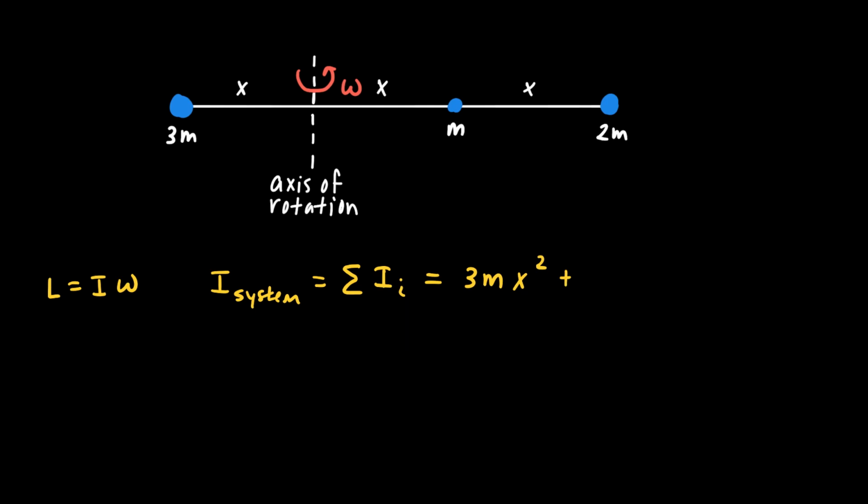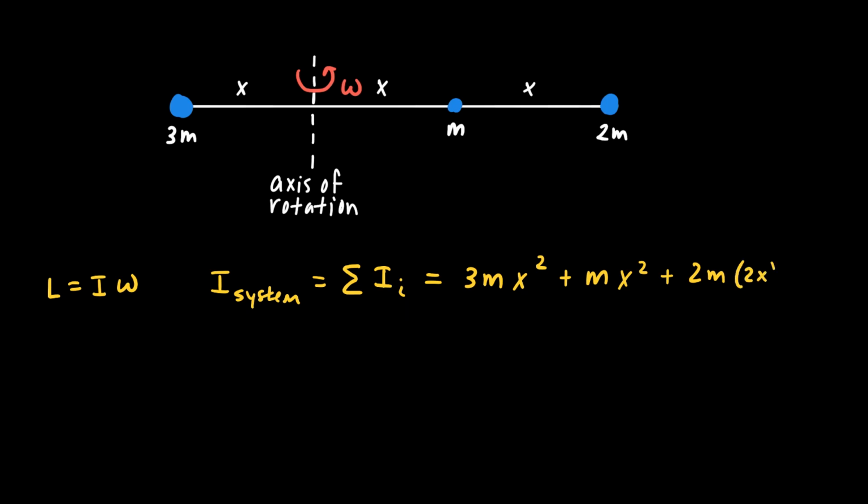Plus, on the right we have an object with mass m, and it is a distance x away from the axis of rotation, so again x squared, plus the moment of inertia of the mass at 2m. The mass is 2m, and the distance from the axis of rotation to the mass 2m is not just x, but it's 2x, because each of the segments that I've drawn has a length of x, so it's a distance of 2x.